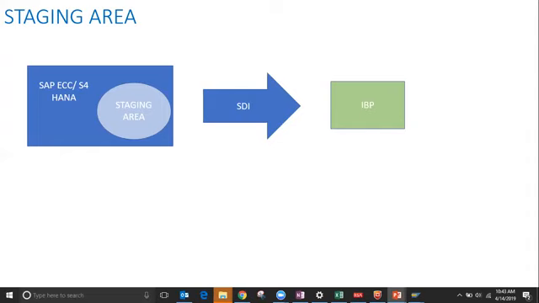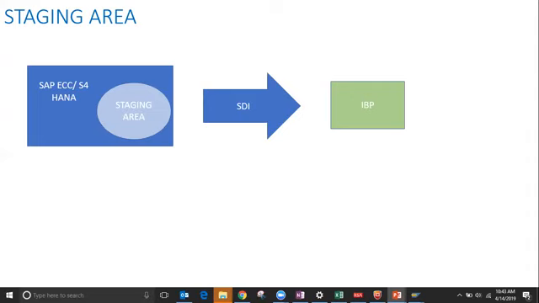Your MARA, MARC, and all the tables will have your specific data. Out of that data, whatever we need to transfer to IBP, we have to transfer to the staging area. In the staging area we have dedicated tables for all types of data: your material master, your transactional data, and your PDS data. For all that data we have a specific staging table available.